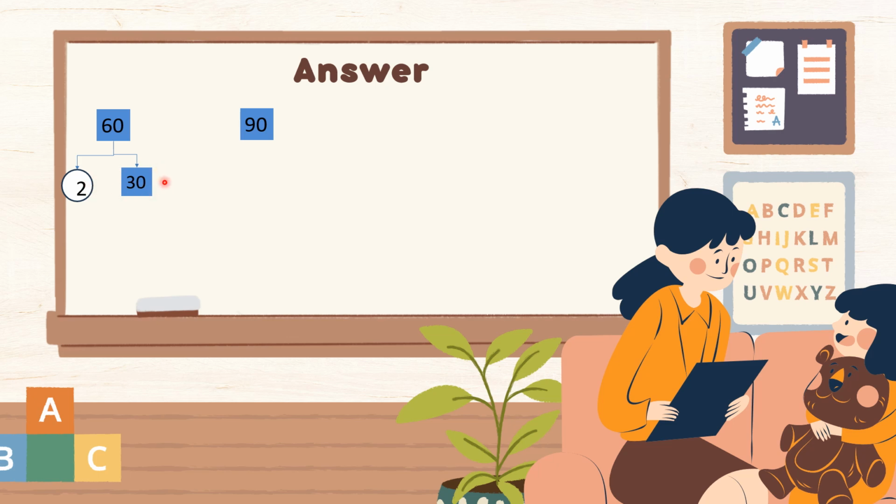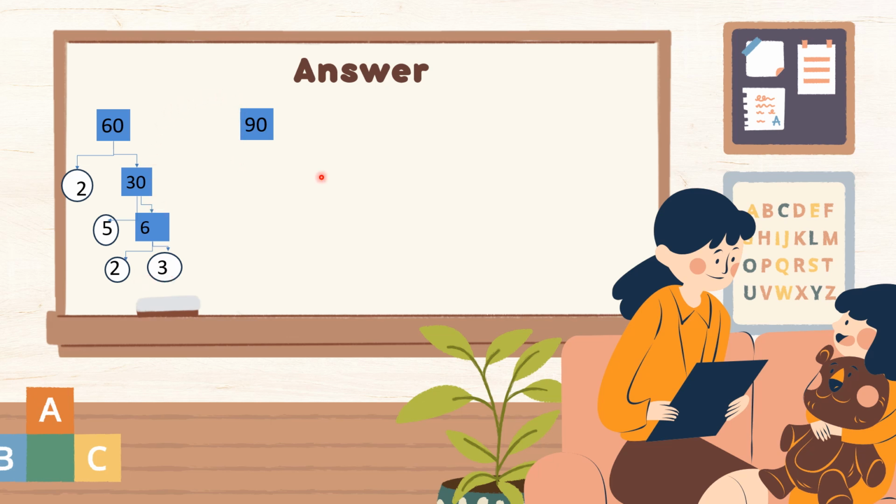But 30 needs more decomposing. 30 equals 5 and 6. 6 is decomposed into 2 and 3. Now we have the prime factors of 60: 2 multiplied by 5, multiplied by 2, multiplied by 3.